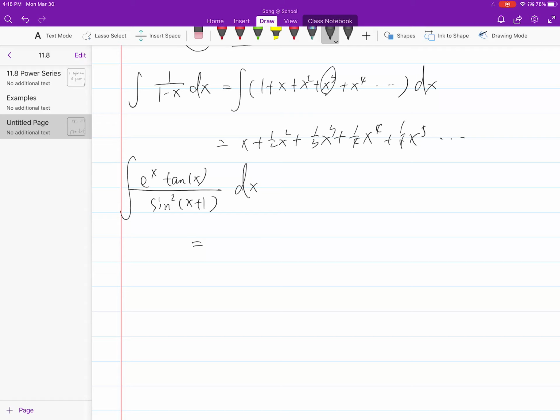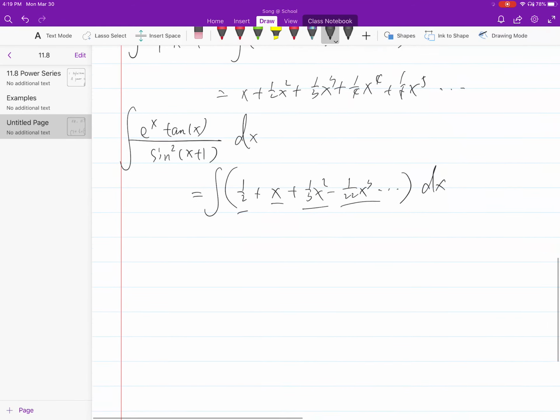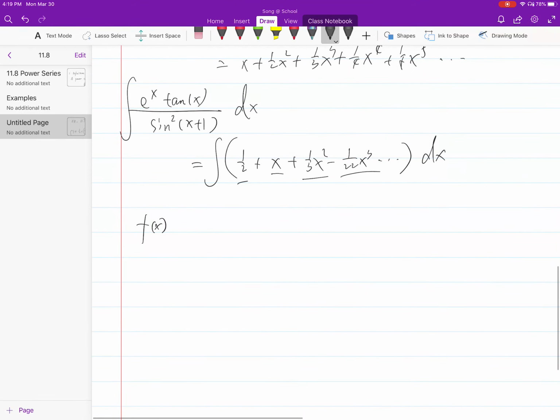Okay, it's going to be harder than this, but if you write it as a power series, 1/3 x squared minus, I don't know, 1/22 x cubed and so on. And then to do the integral of this one instead, every single term becomes super easy because it's nothing but a power. A power is very easy, no matter what kind of operation you want. So basically, to study any function, you can turn it into the study of just power functions. And we know everything about a power function. Derivatives, roots, everything is just easy.